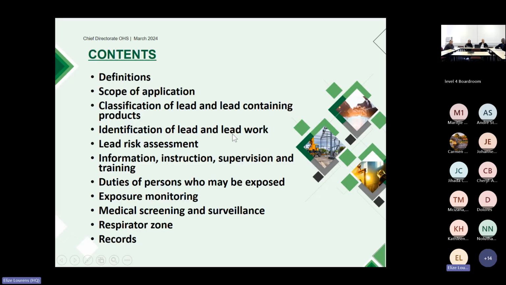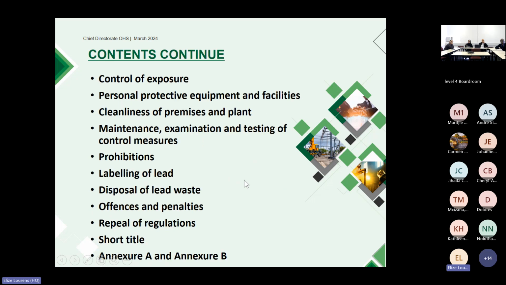So the contents that I have up here are the contents of the regulations and of my presentation this afternoon. My intent is not to take you through every heading of the regulation, but just to indicate what is actually entailed in these regulations.